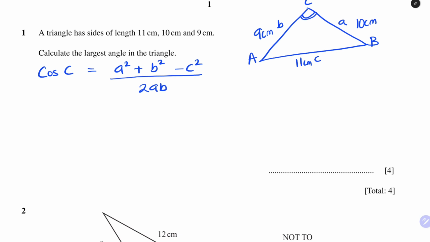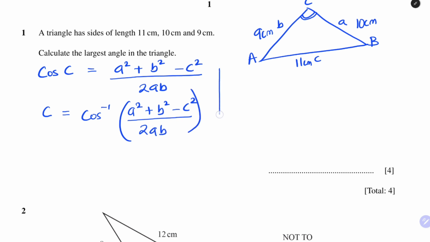All right, so let's just substitute our values. Oh no, let's do this first. So C will be given by cos inverse of A square plus B square minus C square over 2AB. Now we can substitute.